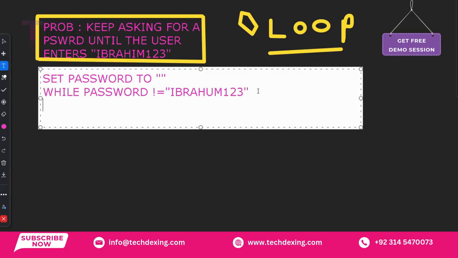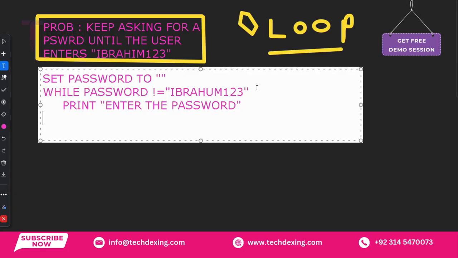All set. So what we need to do is print a string: enter the password. We will make sure that our code is readable and understandable as well. Now we will read the password, because we need to make sure that our password is equal to Ibrahim123.